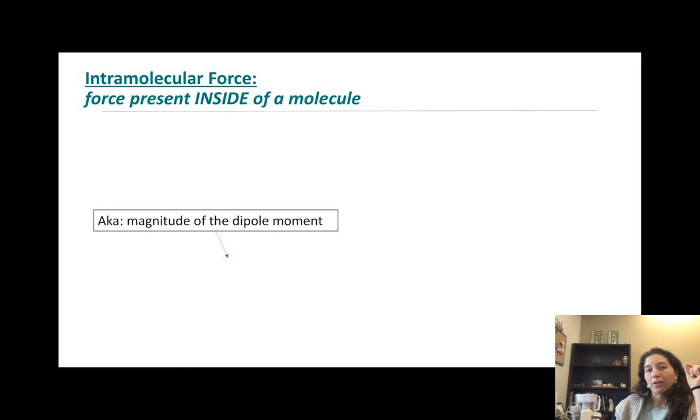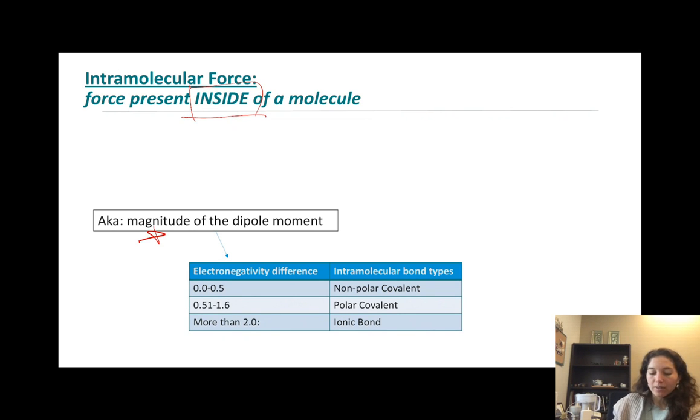So intramolecular forces is the force present inside of a molecule, in between an atom and another atom. So it's related to the magnitude of the dipole moment. Remember that if something's nonpolar covalent, we are sharing electrons, and they are shared almost evenly.